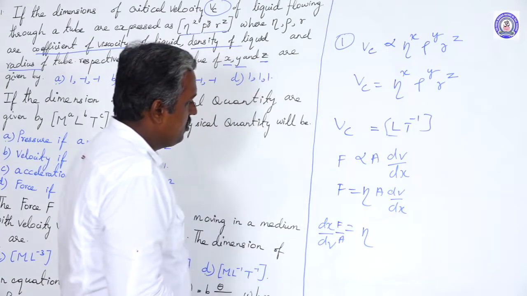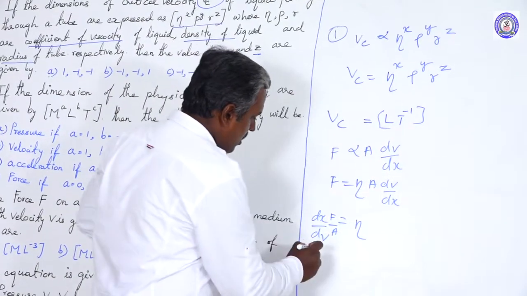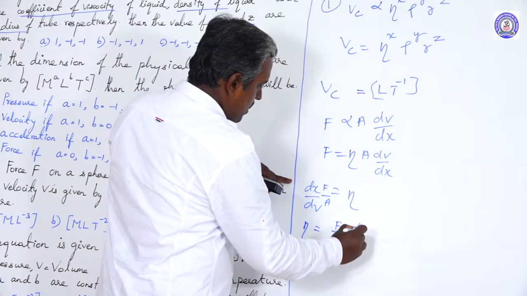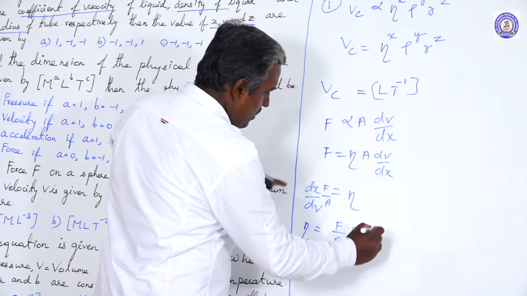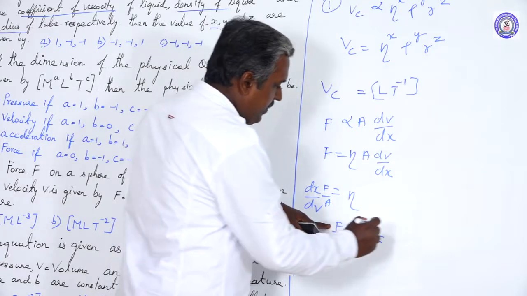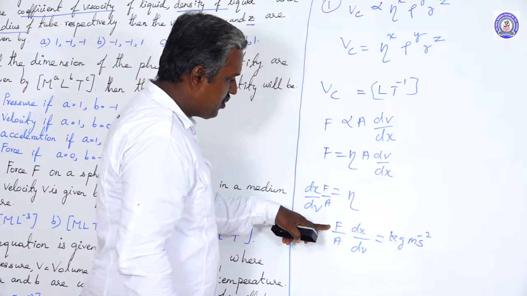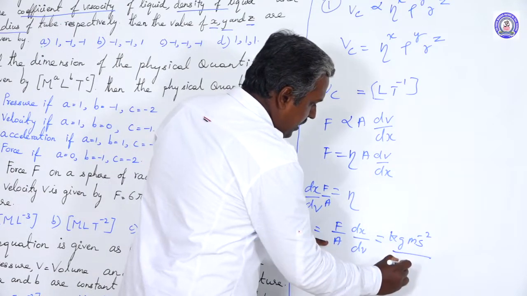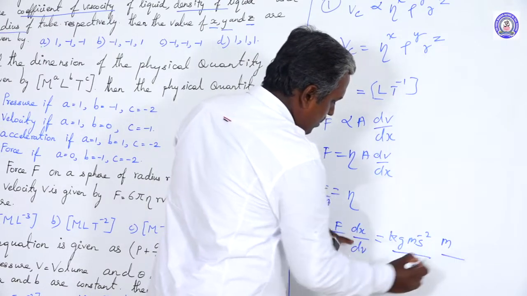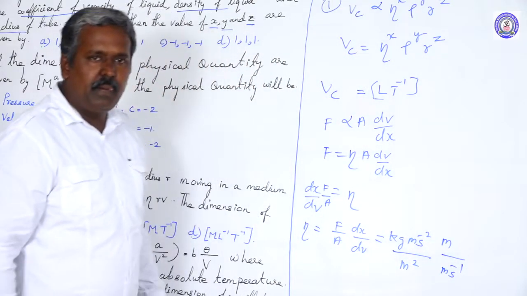F dx by A dV, or eta is equal to F by A times dx by dV. What is F? Force, that means kilogram meter per second square, divided by A, area, meter square, dx like a displacement, so meter, and velocity, meter per second. Clear?